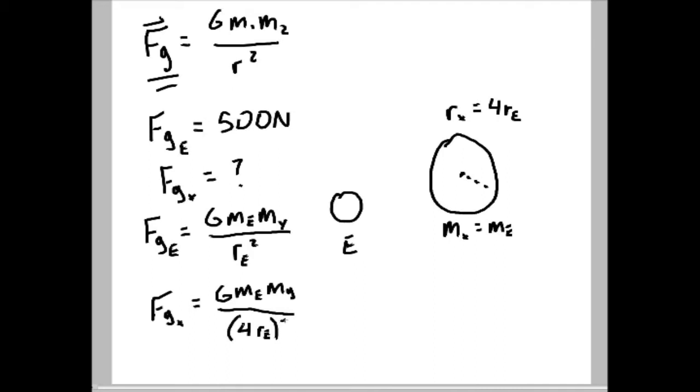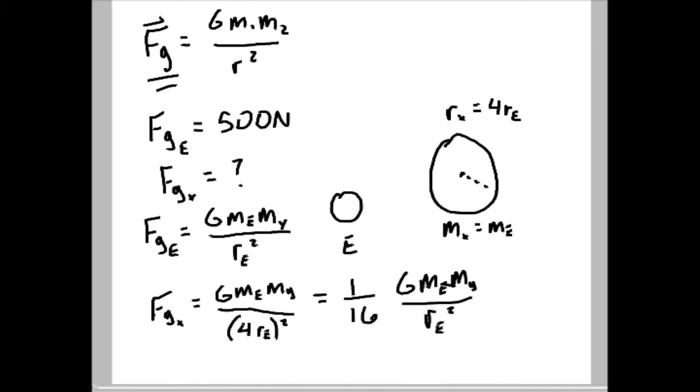Now, it's that whole term squared on the bottom, which means that I'm going to have 1 over 4 squared. So I've got 1 over 16 times G, the mass of the Earth, and then times the mass of me, all over the radius of the Earth squared.